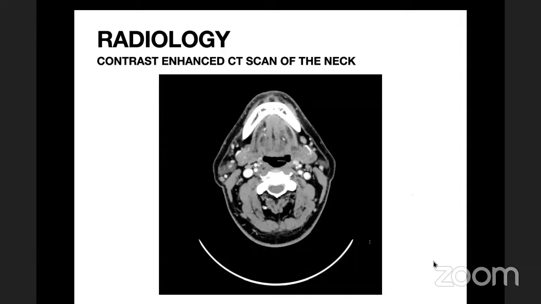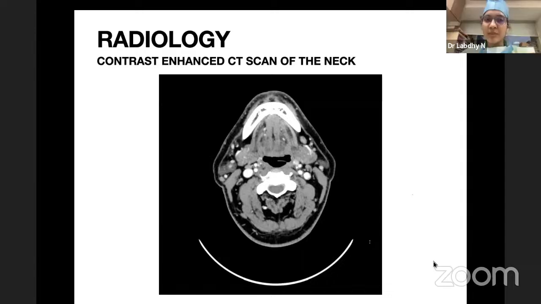Okay, how will you speech rehabilitate this patient? What are the options? So there is a primary as well as secondary. We can give the patient options for tracheoesophageal speech, esophageal speech, and electrolarynx. We can counsel the patient preoperatively.